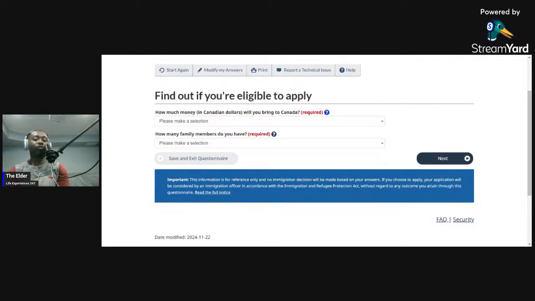So same here with permanent residency. There's a minimum amount of money you need to have in your bank account before you are able to move to Canada. I mean, you are moving here to stay and live here and work. Yes, you're going to work, but as at the time you are coming, you don't have a job. And as a result, they expect you to have enough money on you so that you'll be able to rent a place and at least feed yourself until you get a job.